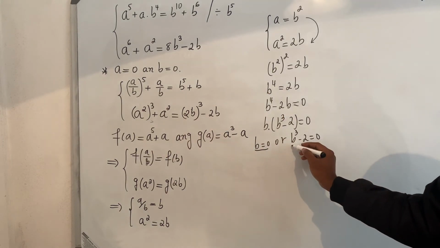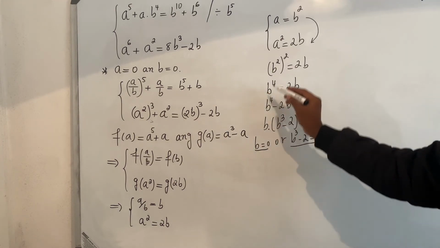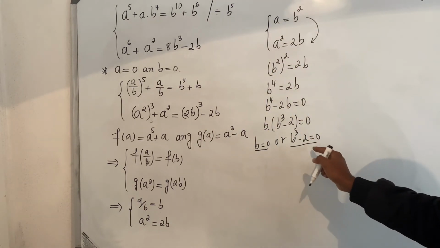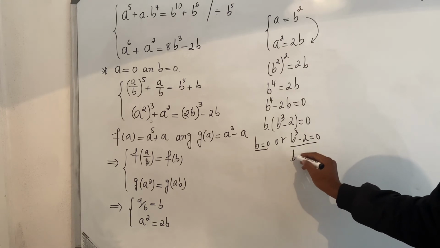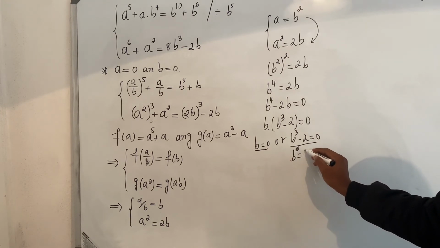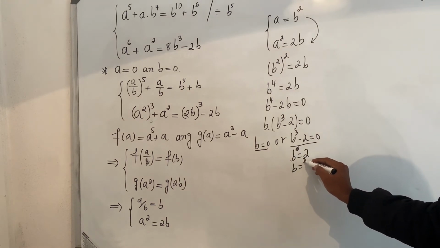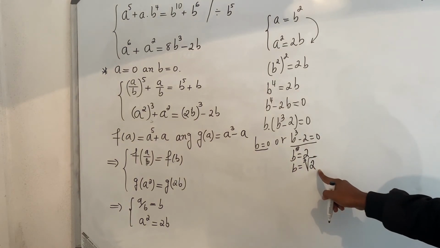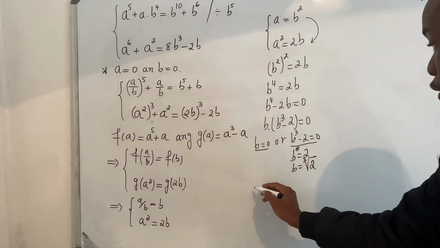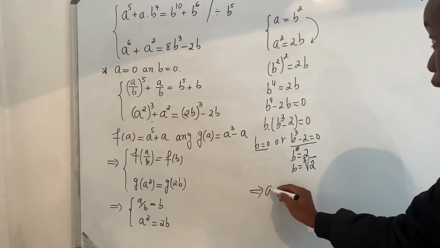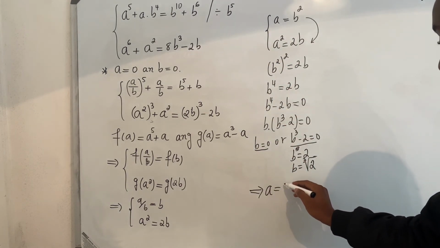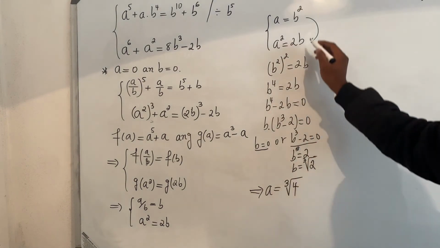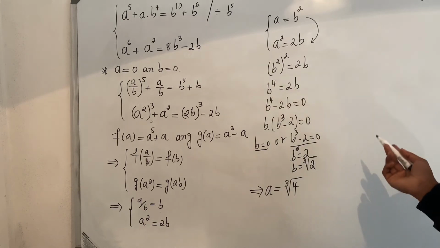Now we want to analyze the other part, b cubed equal to 2, so b is equal to the cube root of 2. Having the value of b, we can find a. This implies that a is equal to the cube root of 4, because it's squared.